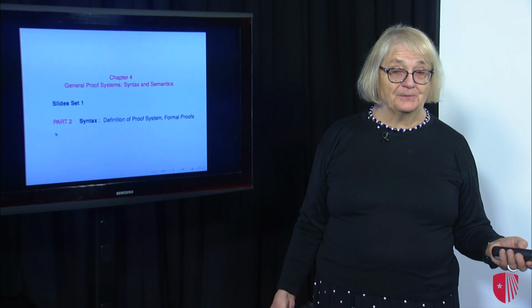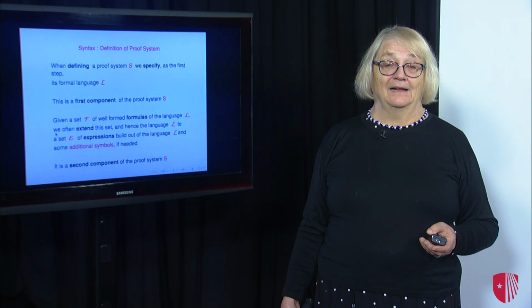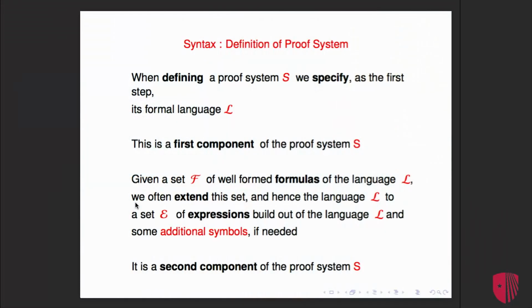So, definition. As I said, when defining a proof system, we specify the formal language. Of course, a language is an alphabet and well-formed formulas.